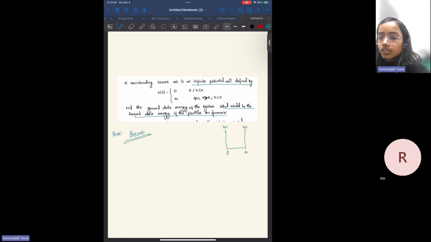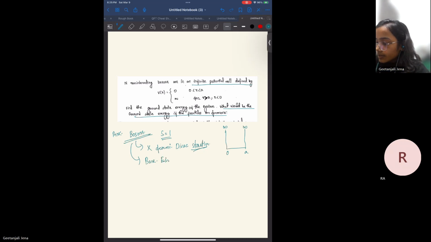Bosons are nothing but the particles that have integer spin. This kind of particle does not follow Fermi-Dirac statistics. Fermi-Dirac statistics is a kind of distribution of particles in different energy levels. Fermions follow Fermi-Dirac statistics, but bosons follow Bose-Einstein statistics.